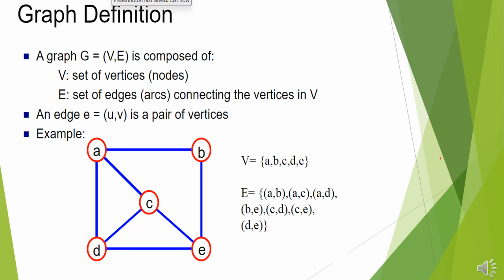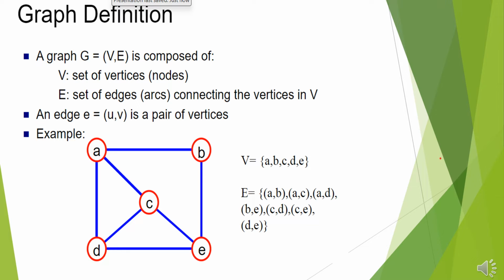Next we can see the graph definition. A graph G equals (V, E) is composed of V, a set of vertices that are nodes, and E, a set of edges which connect the vertices in V. An edge e equals (u, v) is a pair of vertices.